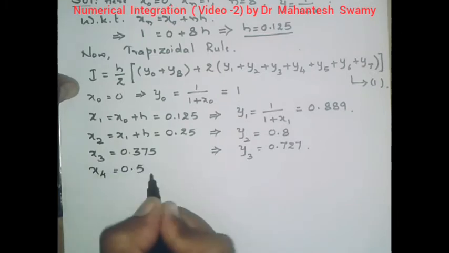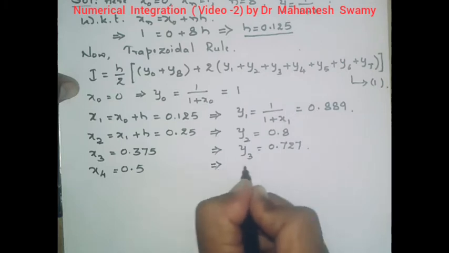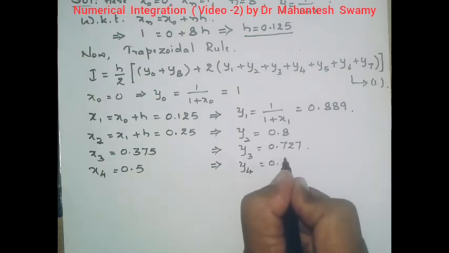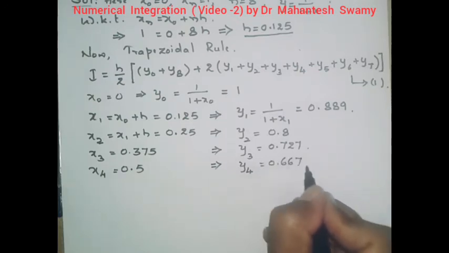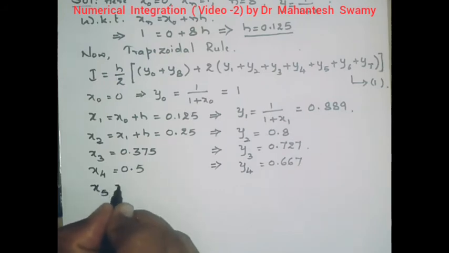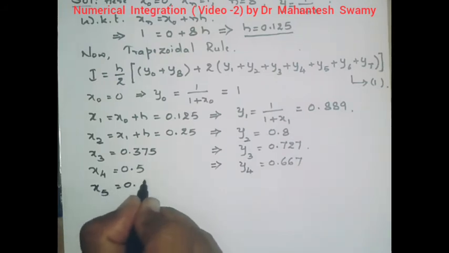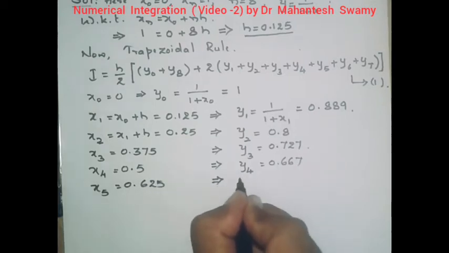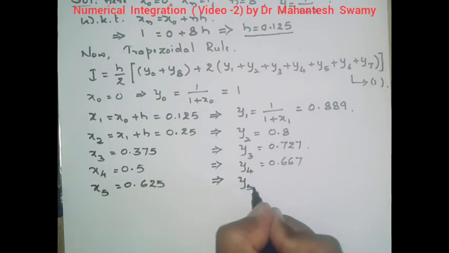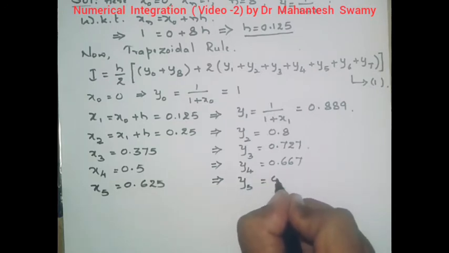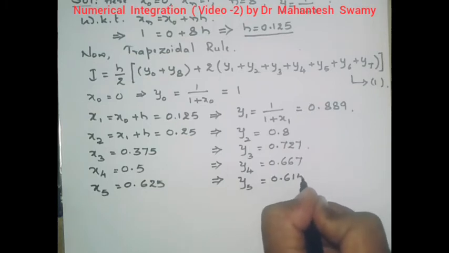It is going to be 0.5 and the value of y at that point is y4, 0.667. x5 is in the similar way 0.625 and that gives us y5 as 1 divided by 1 plus x5, which is 0.615.